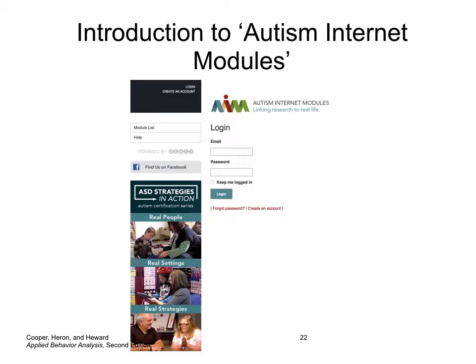Now, I want to briefly talk about how to access Autism Internet Modules. Autism Internet Modules are very, very good tools you can use for your students with disability, not only for students with autism, but also for students with other disabilities as well, because the modules they provide are developed based on applied behavior analysis, and all of those modules are evidence-based interventions for individuals with disability.